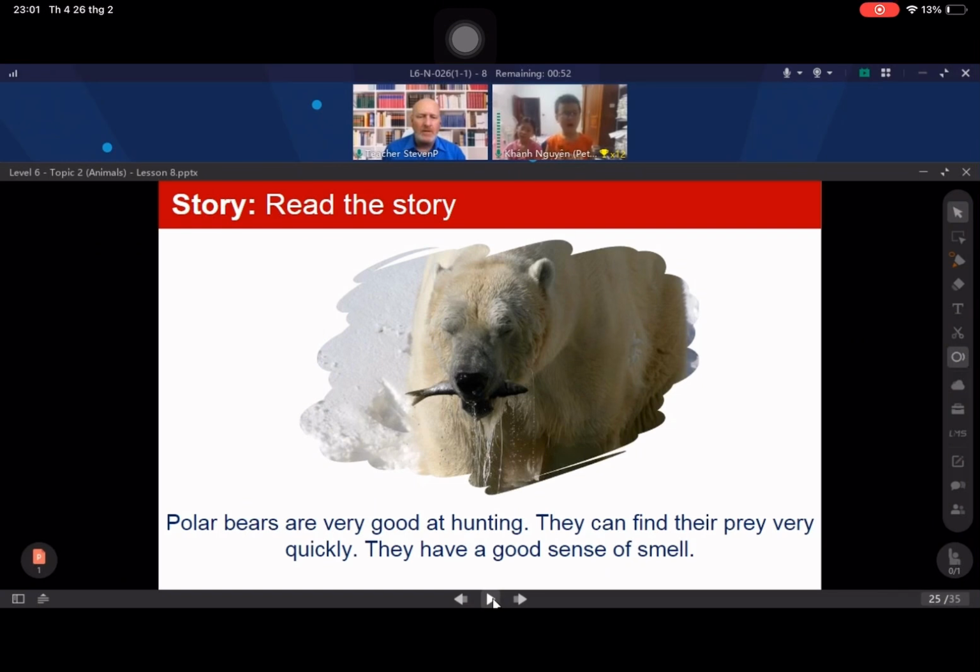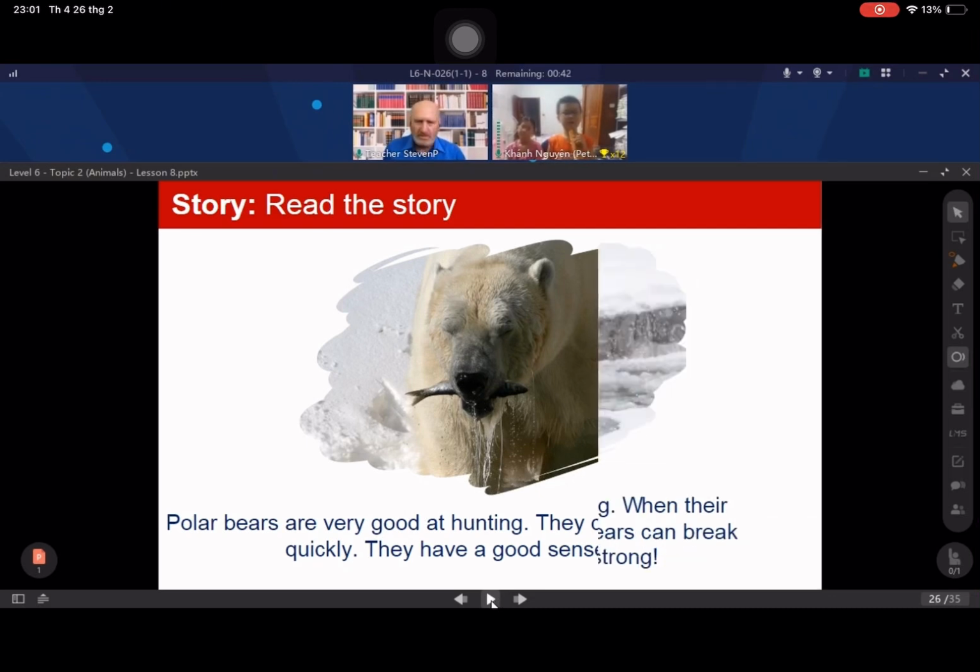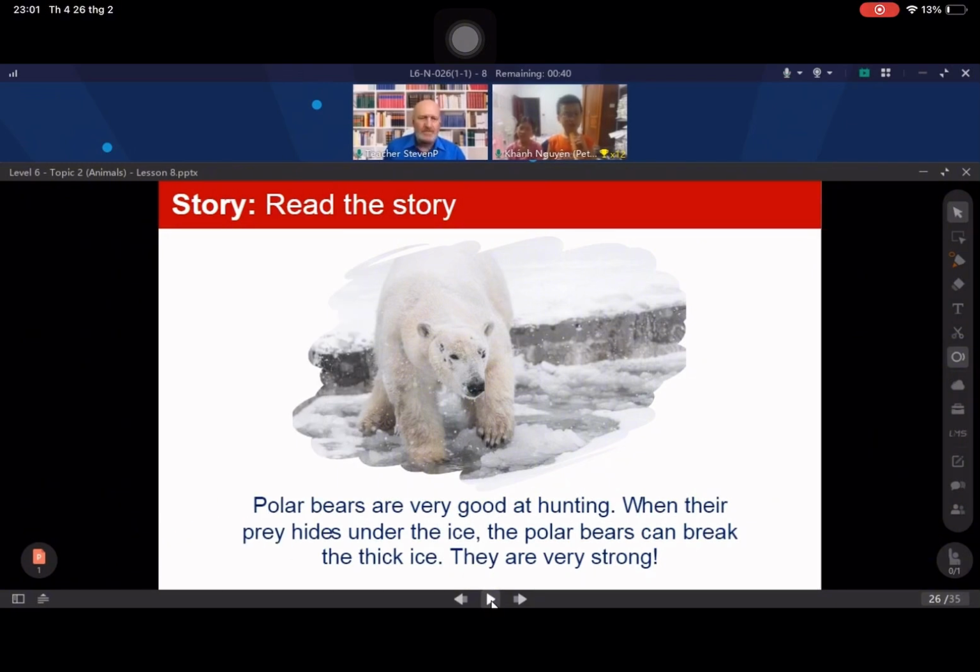The polar bears are very good at hunting. They can find their prey very quickly. They have a good sense of smell. Polar bears are very good at hunting. When their prey hides under the ice, the polar bears can break the ice.